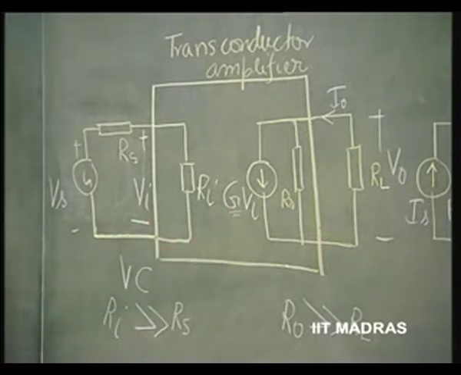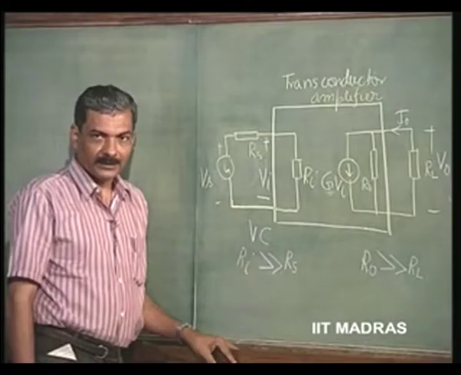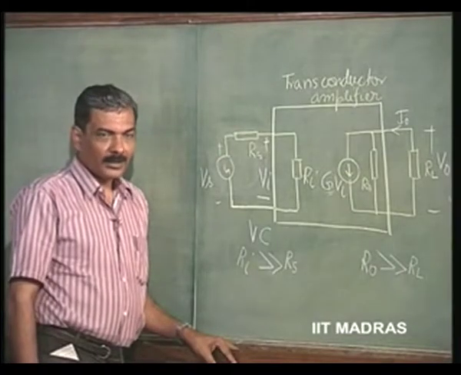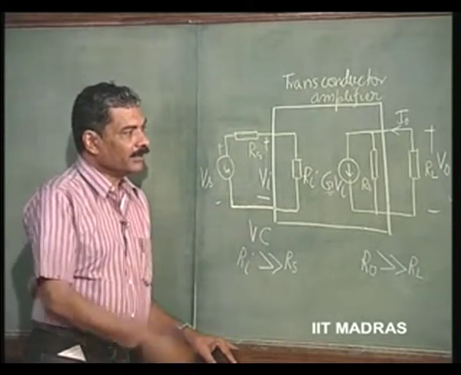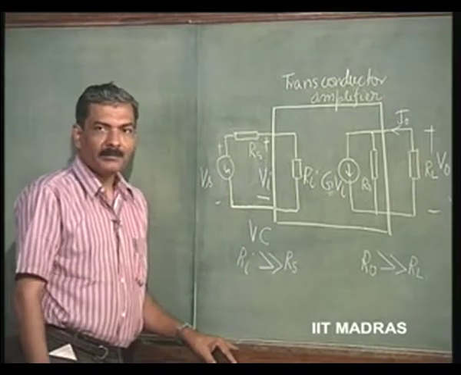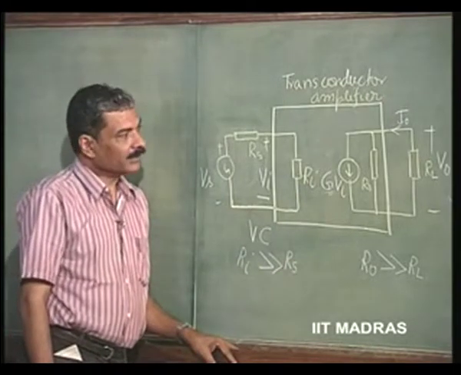We can see that a transconductor amplifier is pretty close to a practical field effect transistor amplifier, where field effect transistors are traditionally voltage controlled devices, and the transconductance gm, small gm it is known as, is what is important as a parameter for a field effect transistor.